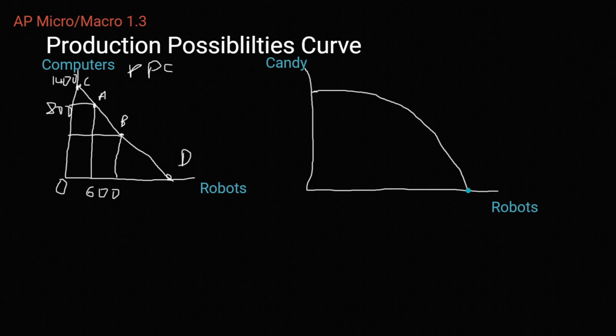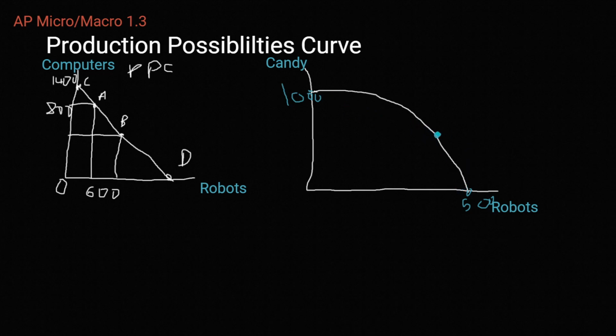Over here, we can make 1,000 robots. Actually, let's do 500 robots and 1,000 pieces of candy. So you could either make 1,000 pieces of candy and no robots, or 500 robots and no candy, or you can do some value in between.